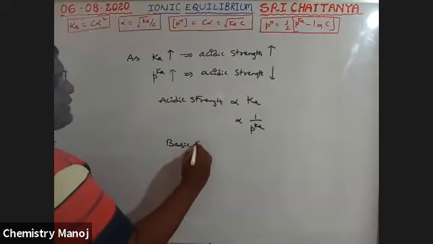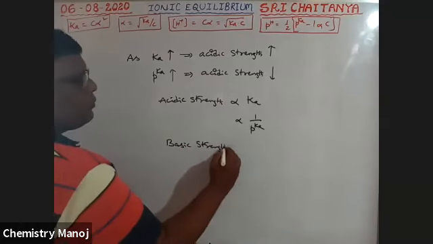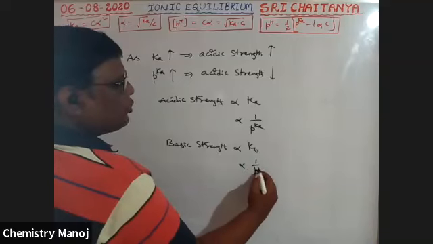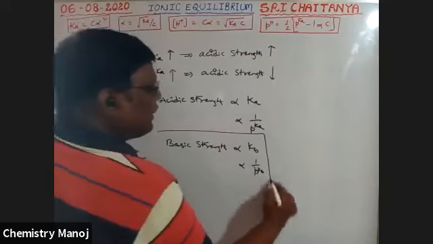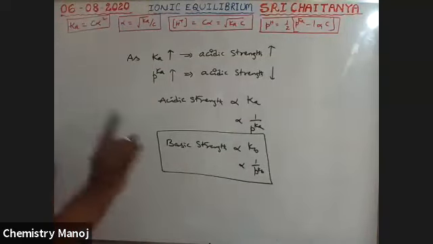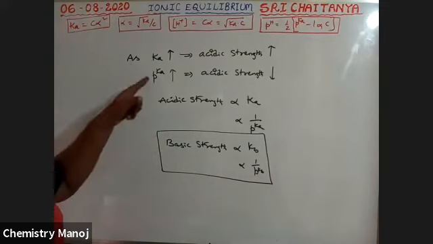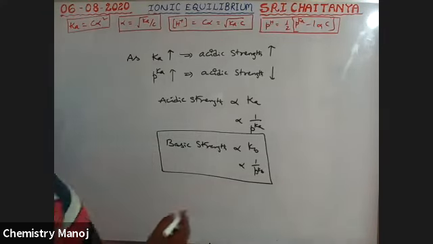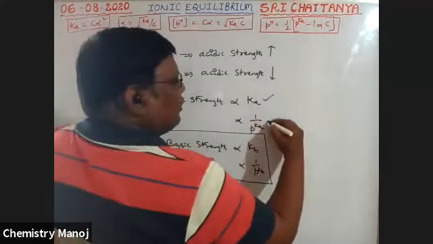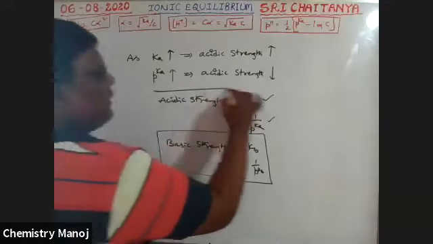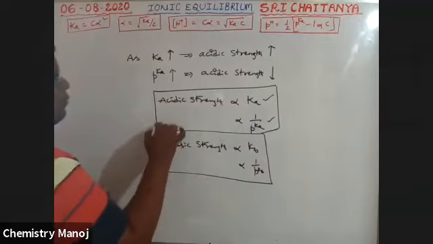Similarly, basic strength is directly proportional to Kb and inversely proportional to pKb. So the acid whose pKa value is very high is least acidic, and whose pKa value is very low is more acidic. That means acidic nature is explained with the help of either Ka value or pKa value. It is very, very important.